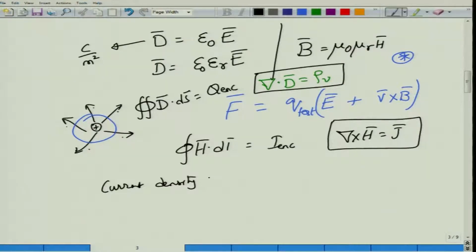The right hand side gives you the total current, because the current density is measured usually in ampere per meter square. If you integrate this over the open surface, you obtain the total enclosed current.